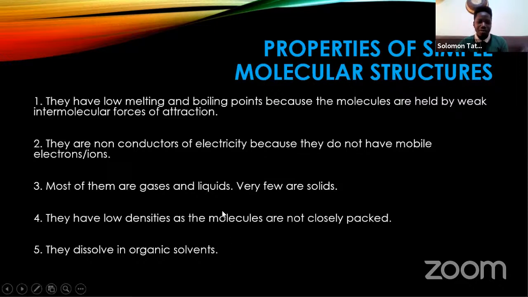Now, when we find a compound that has a simple molecular structure but is capable of being polar, it has polarity, then this factor, number 2, ceases to be correct if it is polar. If it is polar, it means there is separation of charge, so charges, ions can move around.